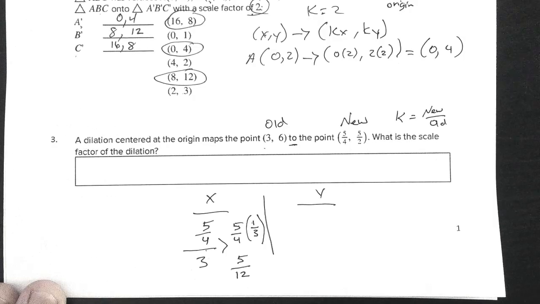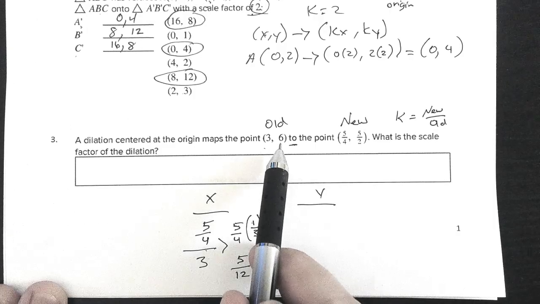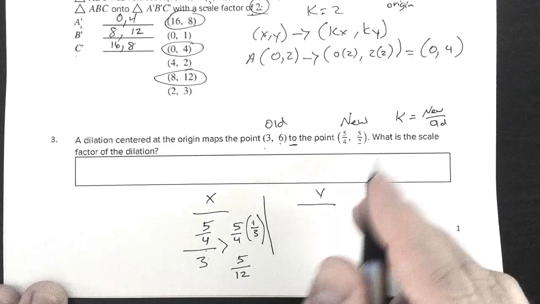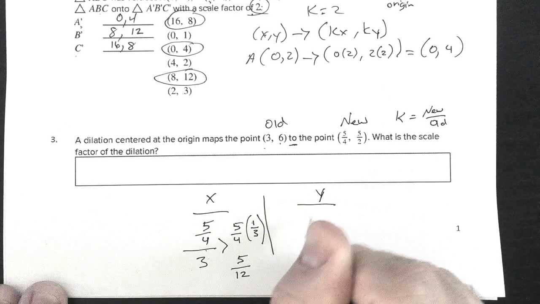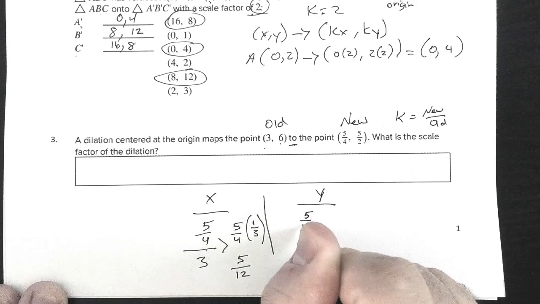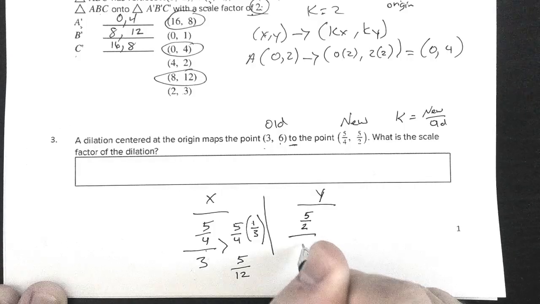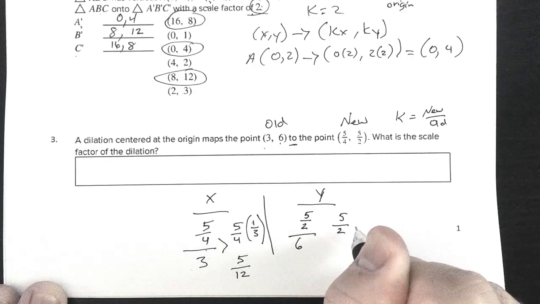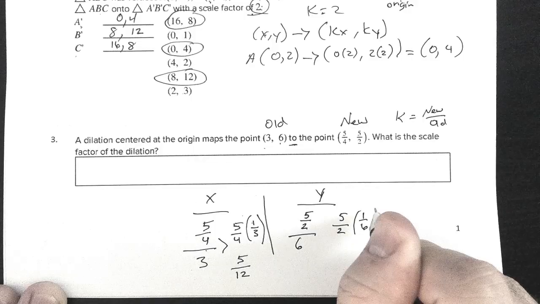And actually, these should match up. All right, the old is 6. The new is 5/2. Whoops. 5/2 divided by 6, which is the same as 5/2 times 1/6.